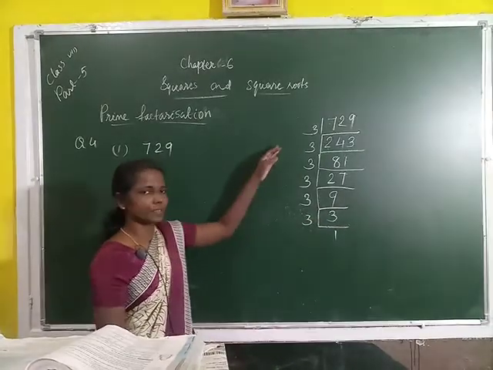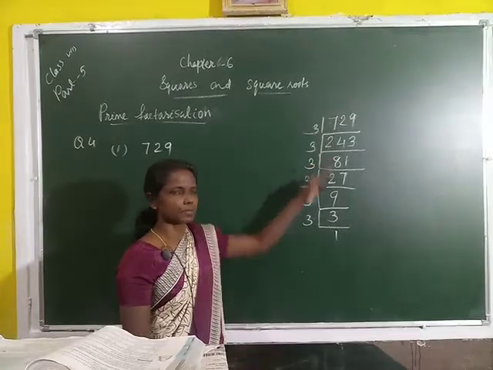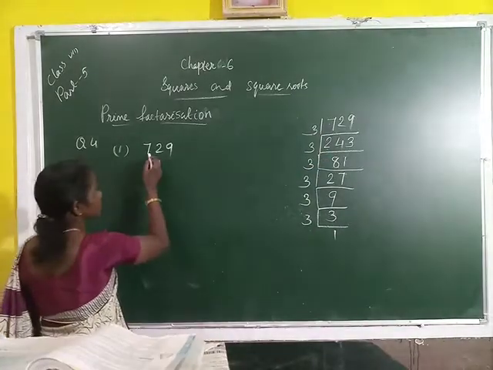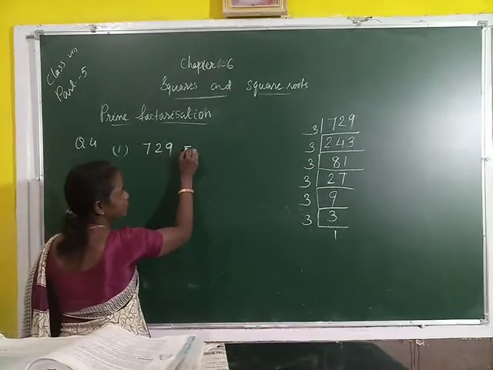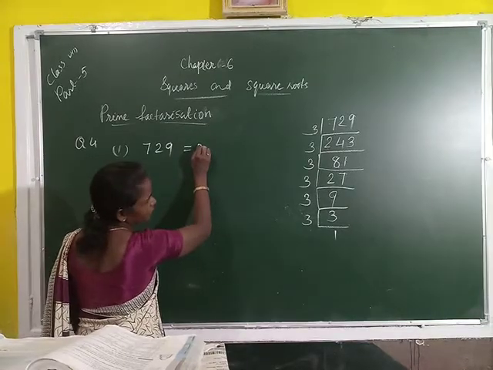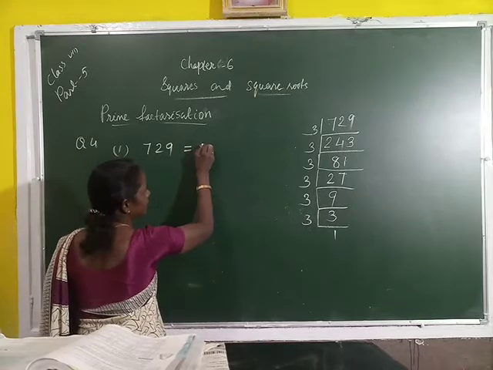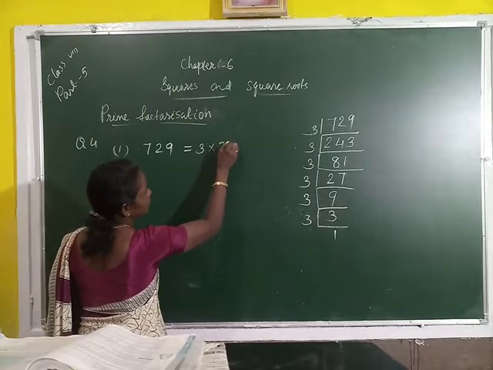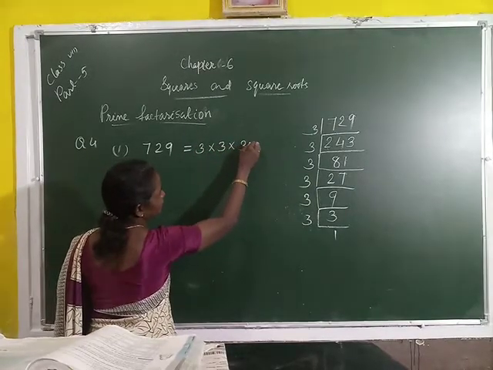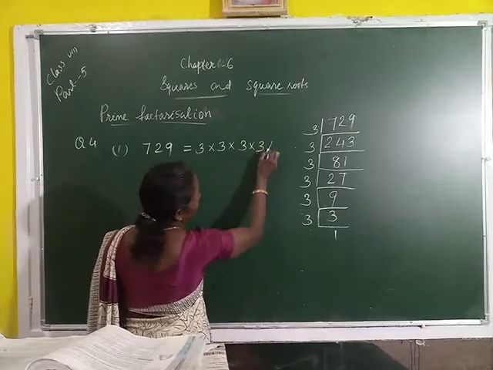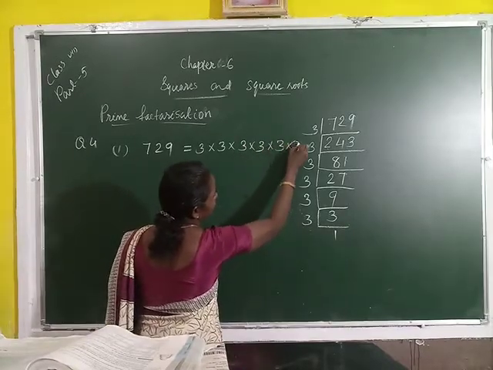Then we find the factors of this number 729. So we can write 729 is equal to how many 3s? 1, 2, 3, 4, 5, 6. Right? 3 into 3 into 3 into 3 into 3 into 3.